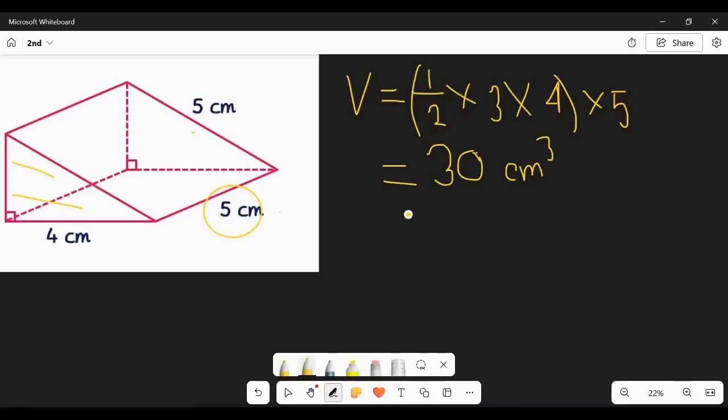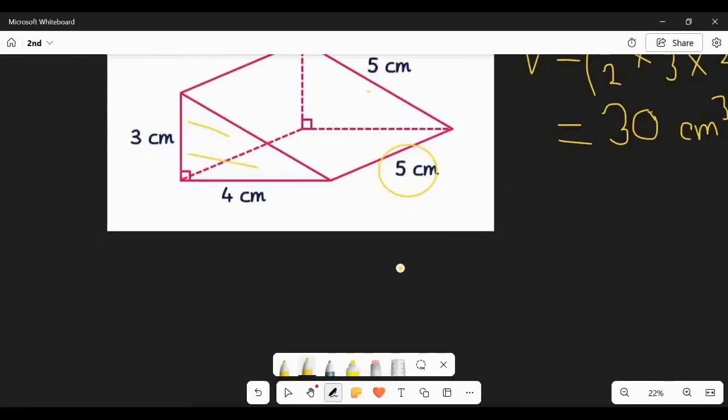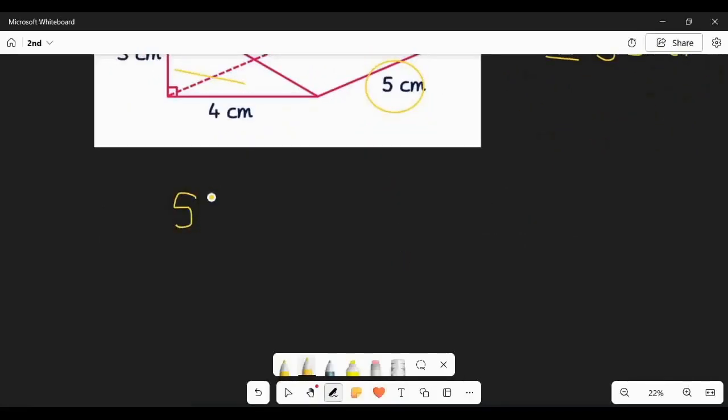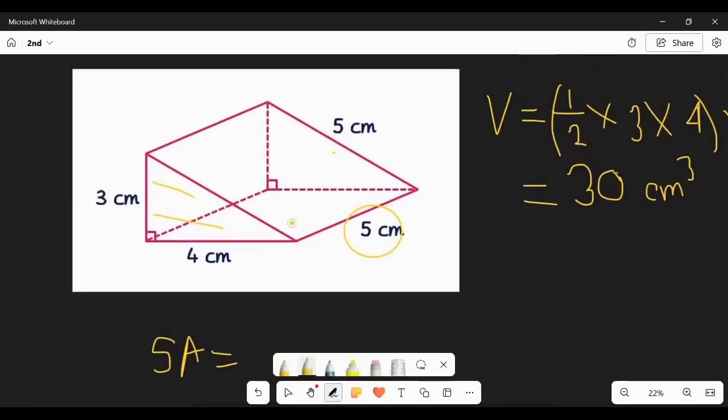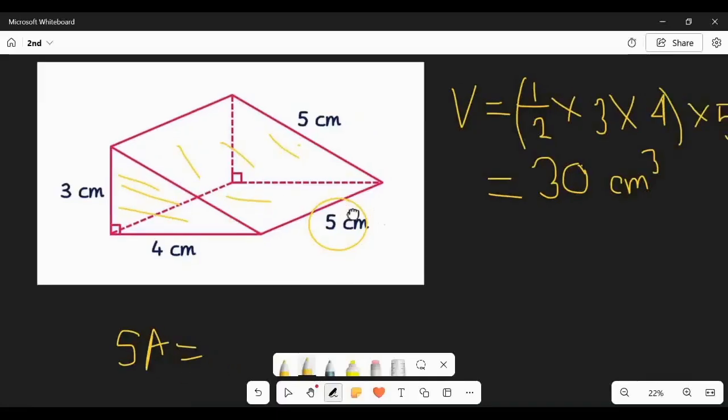Now let's find the surface area here. So previously we calculated that this has 5 faces. This one at the side, this one at the top, this one at the bottom, and this one at the back.